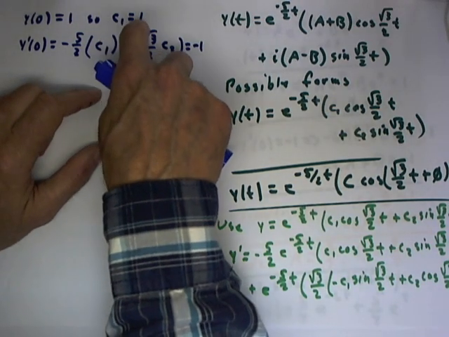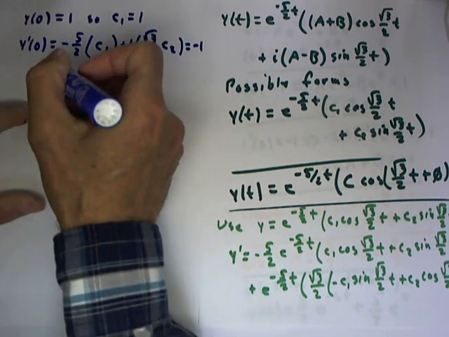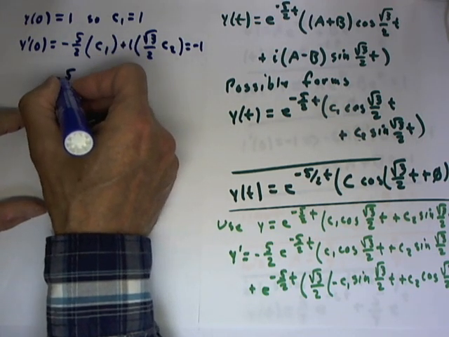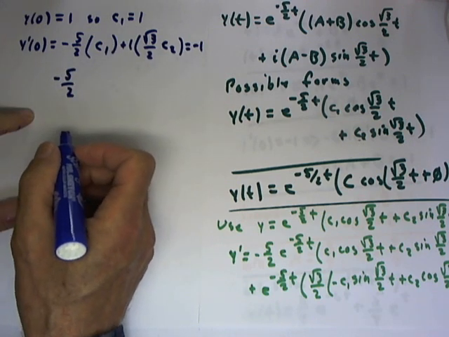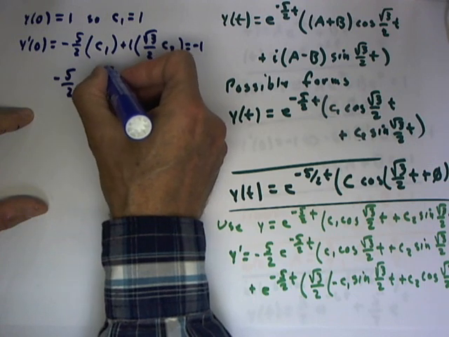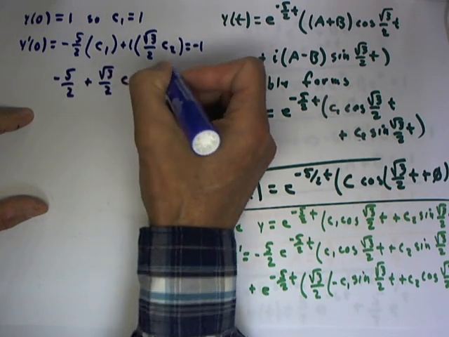Now C1 is 1, so C1 is going to become 1. So we have just negative 5/2 plus square root of 3 over 2 C2 equal to negative 1.